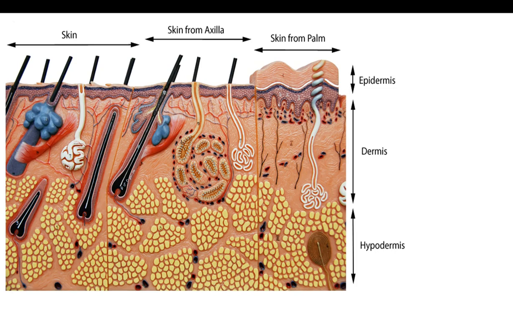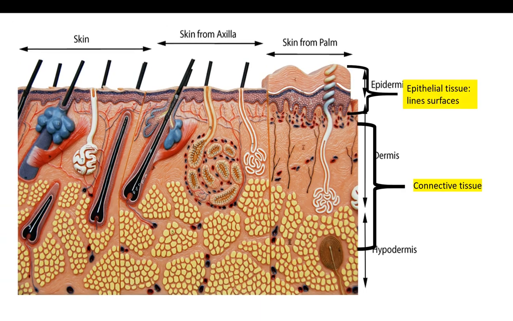Tissues make up organs. Typically, you can find all 4 types of tissues within an organ. For example, the skin is an organ. In the skin, we have epithelial tissue on top of the skin. So the surface of the skin is lined with epithelial tissue.